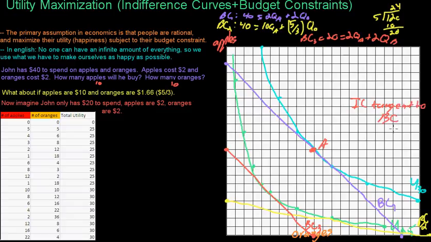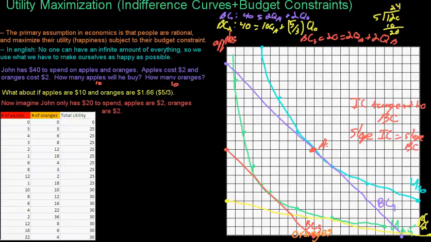And all that that means is that it just barely touches it. So when two curves are tangent, they share one point, and then the slope of the first curve is equal to the slope of the second curve. So the slope of the indifference curve is equal to the slope of the budget constraint.